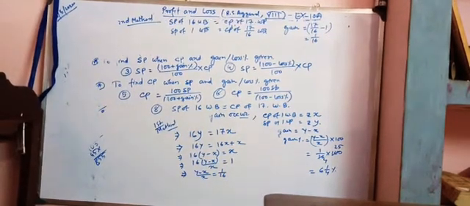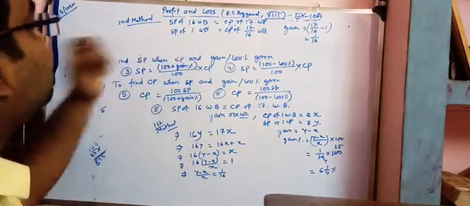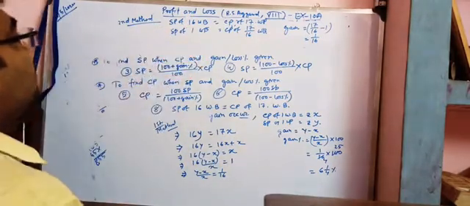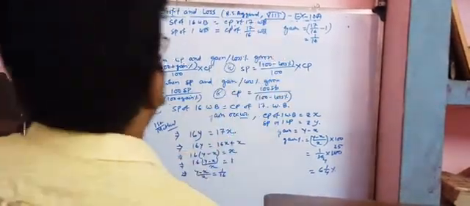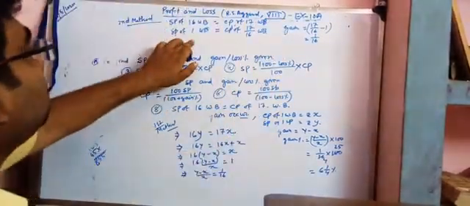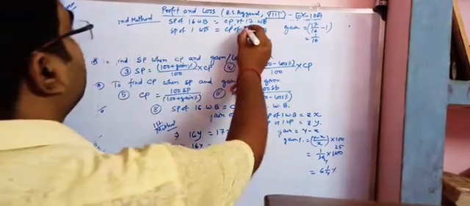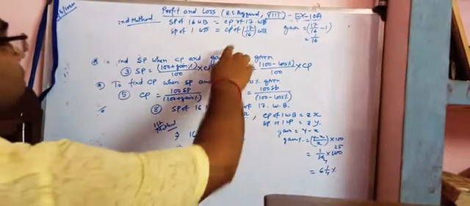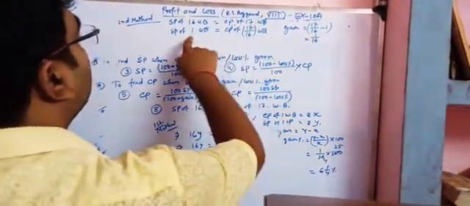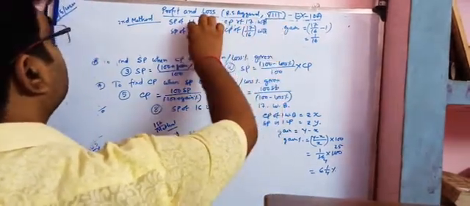So students, here in the second method, we take SP of 16 water bottles is equal to CP of 17 water bottles. Next, SP of 1 water bottle should be CP of 17 by 16. Now gain should occur here, since SP is greater.